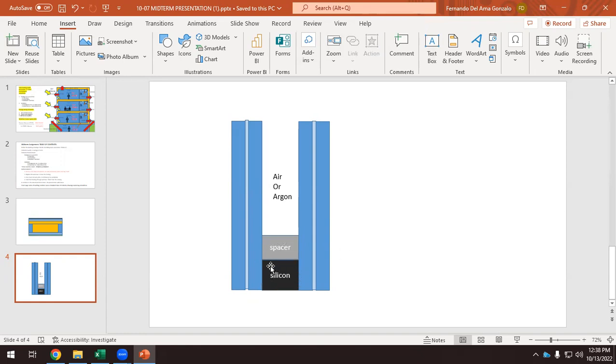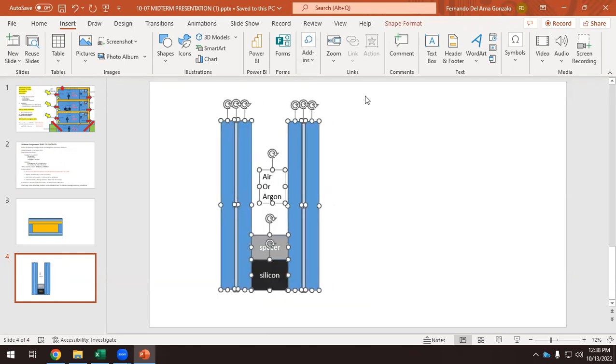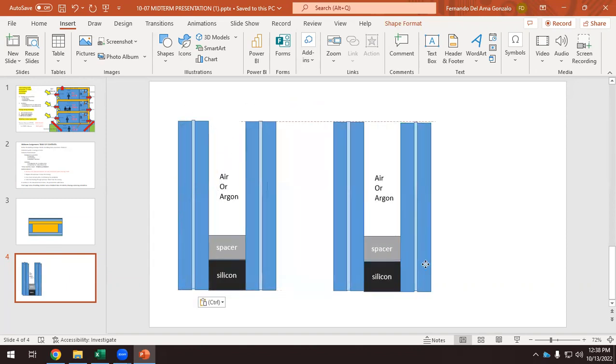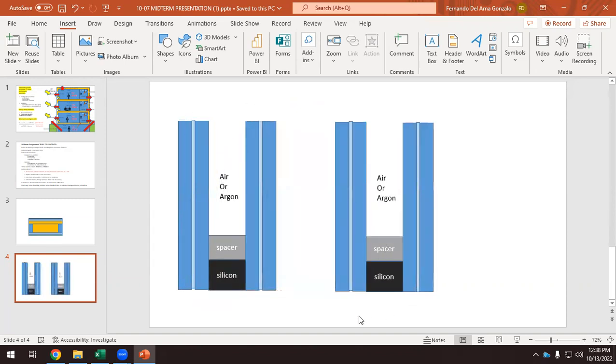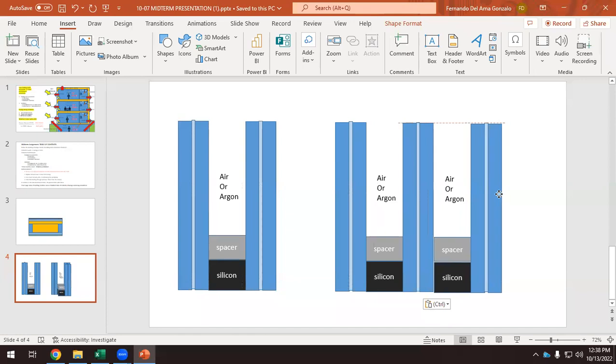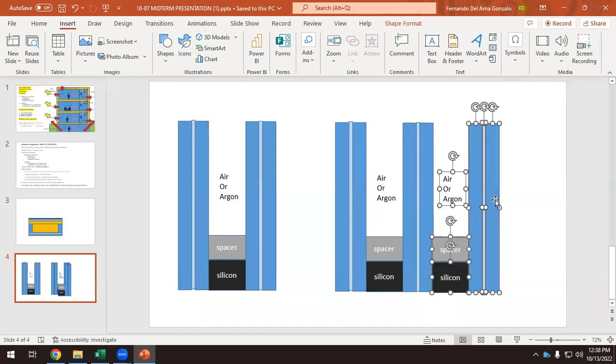It's something that connects two panes and at the same time prevents water from entering this air. So that would be the double glazing. And then if we want a triple glazing, we have three glass panes with two spacers and two silicone. So that would be the triple glazing, and that would be the double glazing.